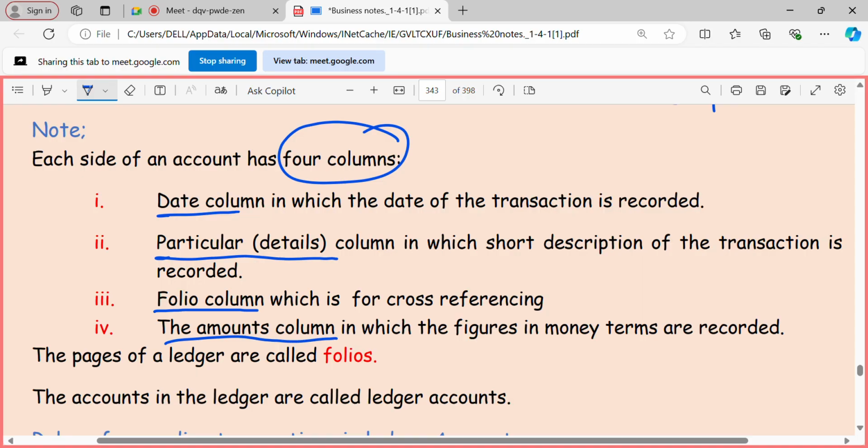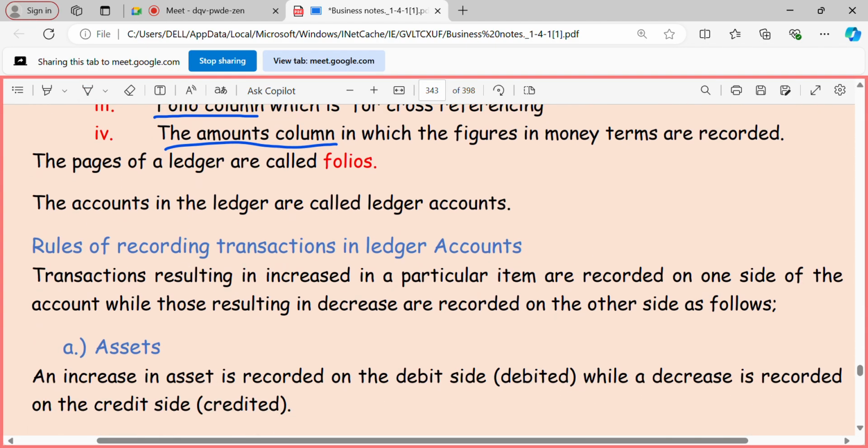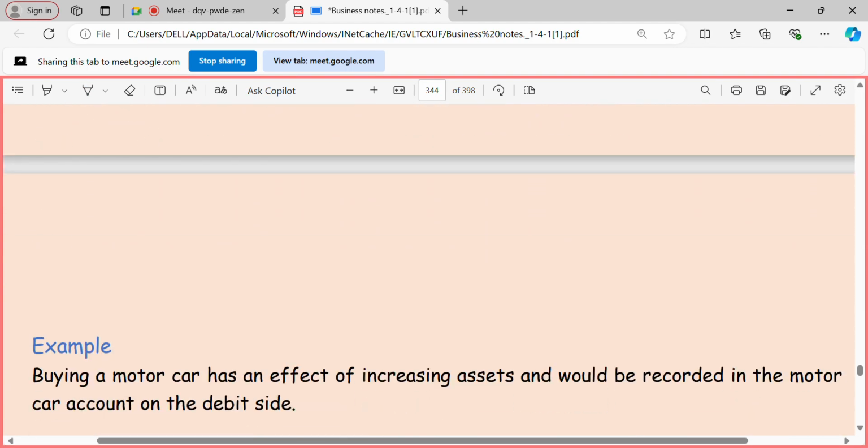Umefanya transactions kutoka January to December, ama maybe umefanya transaction from January 1st to January 31st. So for 30 days, of course, you are going to have many transactions that maybe sometimes might be more than 1 page, but sana sana ya mwaka mzima ndio zinaweza kuwa mingi. So 12 months, of course, you are going to have a lot. So hiyo ndio unaweza tumia folio kuonyesha hii account inaffectiana na account fulani iko another page.